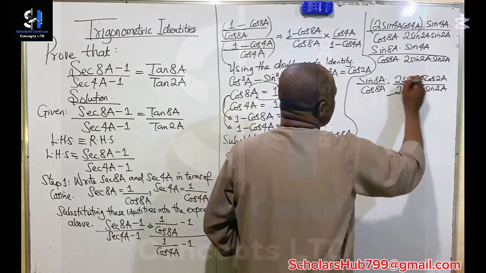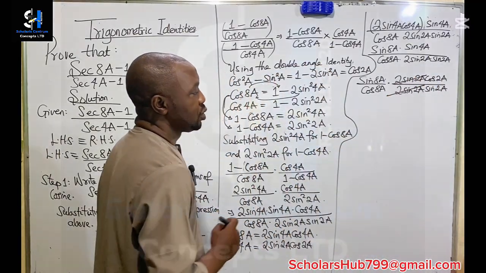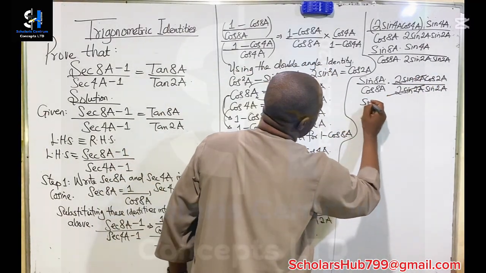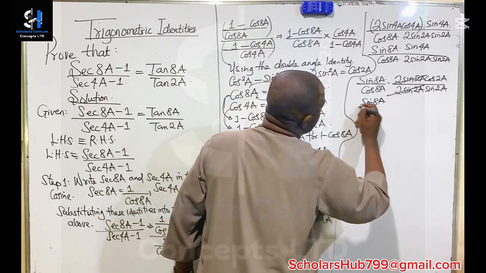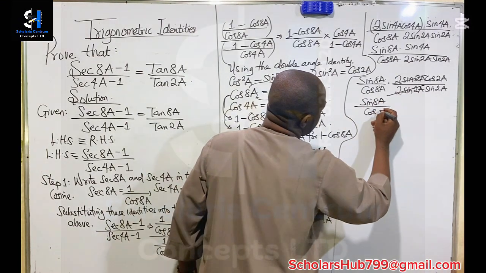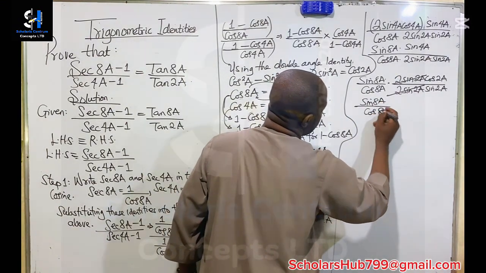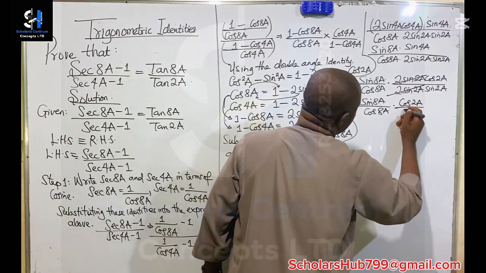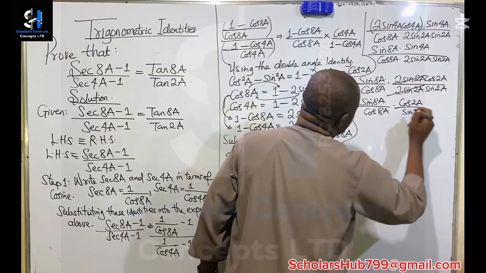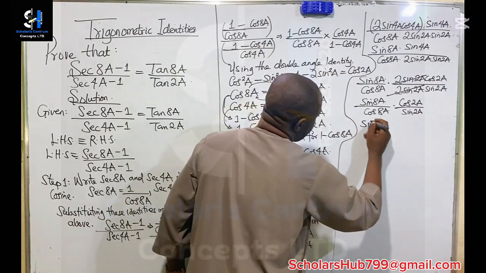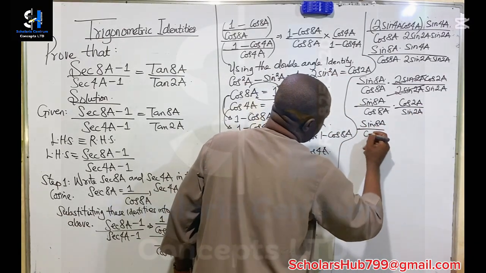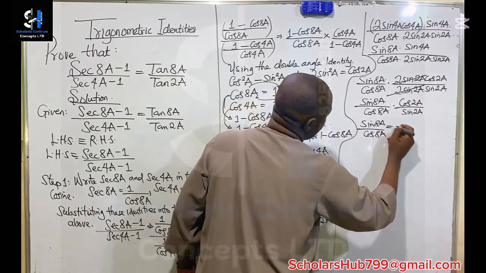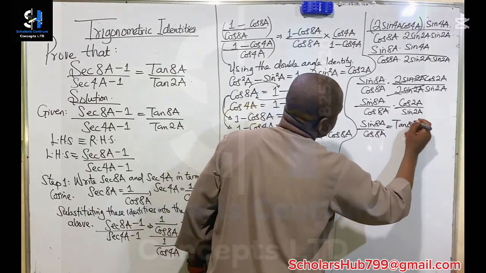So 2 sine 2a will cancel out. So we'll be left with sine 8a over cos 8a multiplied by cos 2a over sine 2a. Now let's not forget that sine 8a over cos 8a is equal to tan 8a.